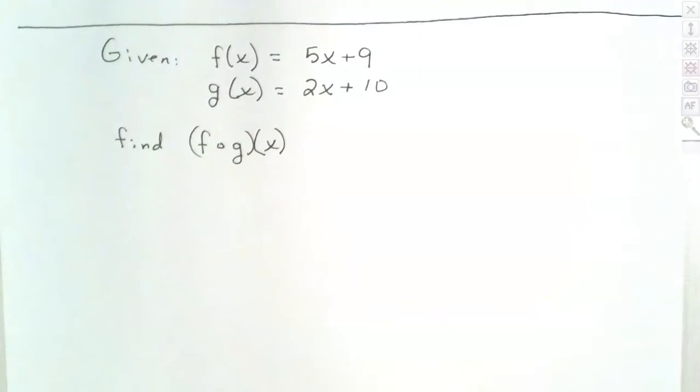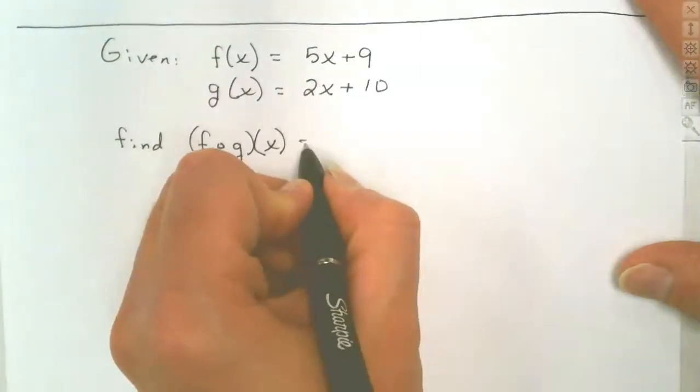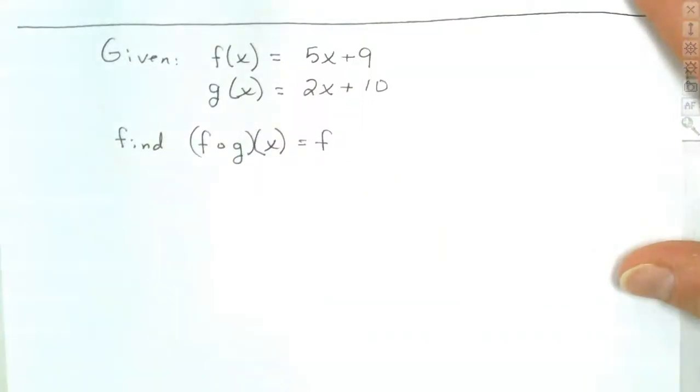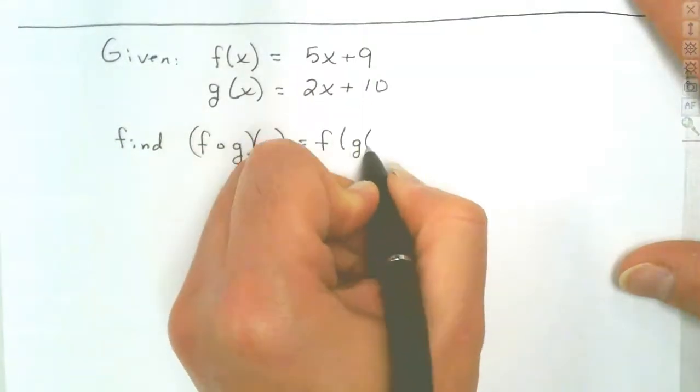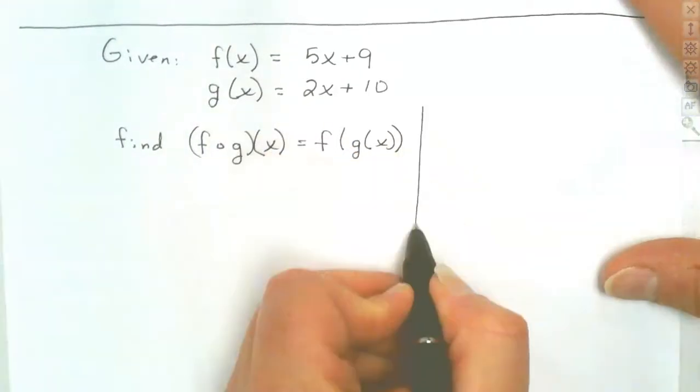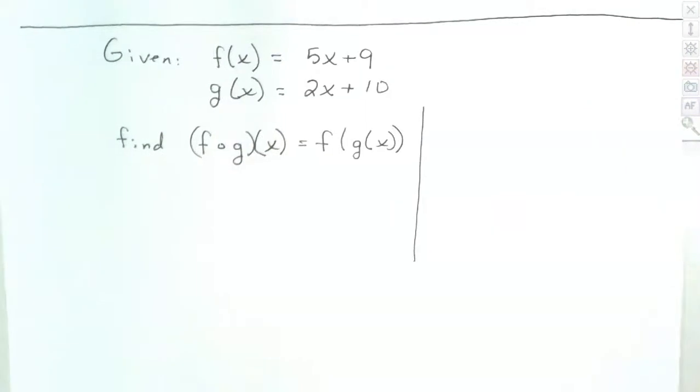So we're going to go ahead and compose these together. And f is out in front because f is first, outside. G of x is in the middle. And we always do the inside first. So this is what we're looking at here. Now, what is g of x defined to be?